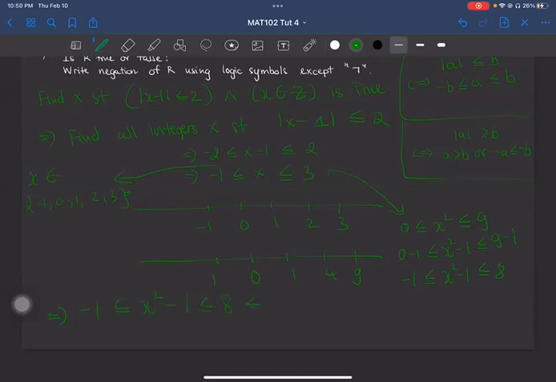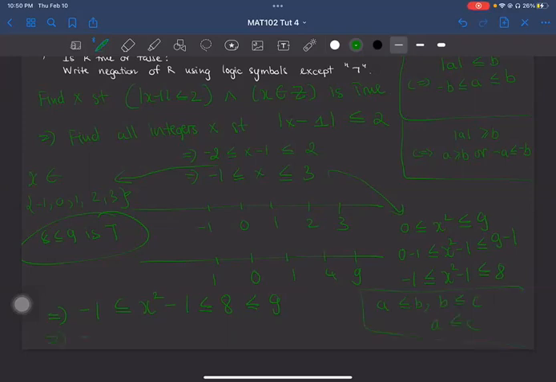And 8 is less than or equal to 9. 8 less than or equal to 9 is a true statement because 8 is actually less than 9, and this one is less than or equal to. So we just need one of those possibilities to make it true. And there's a basic fact: a less than or equal to b, b less than or equal to c, then a less than or equal to c.